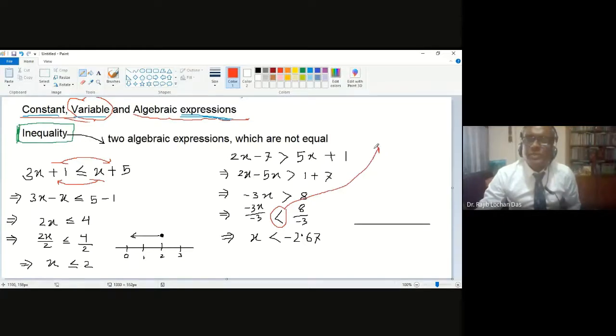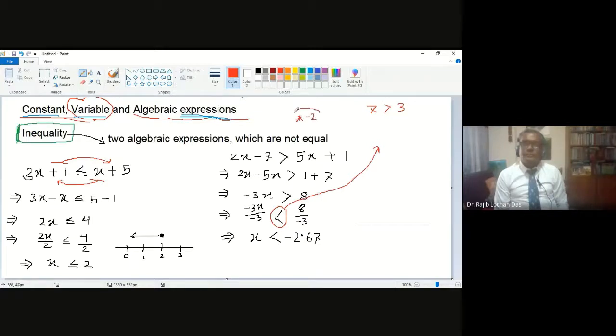So let me check some examples. Say 7 is more than 3, right? Everyone is okay with this. And if you multiply this number by a negative number, say we are multiplying by -2, then what will happen?